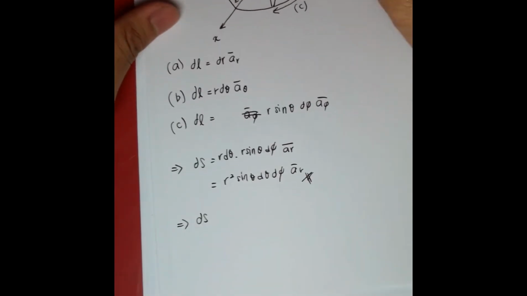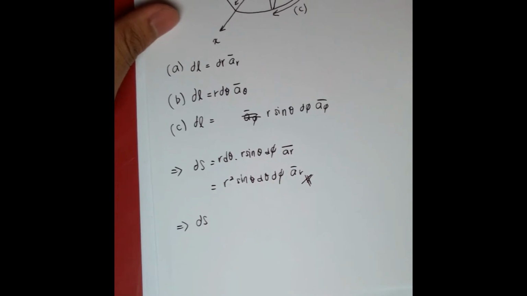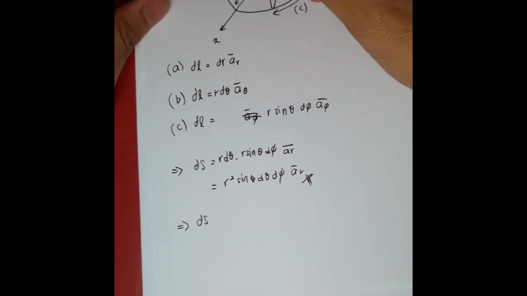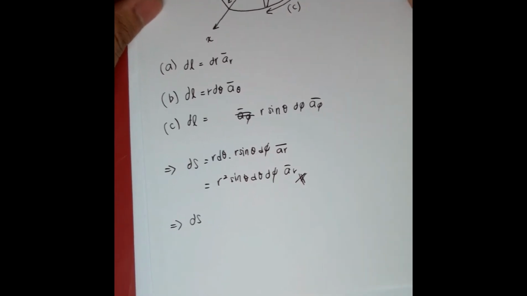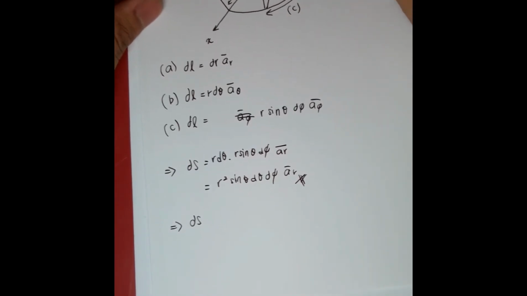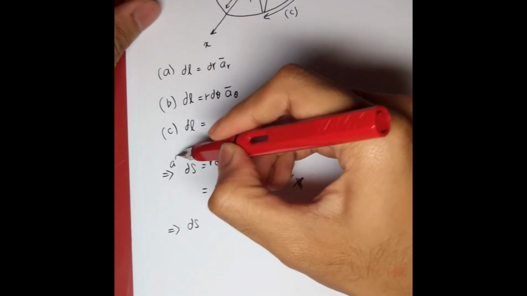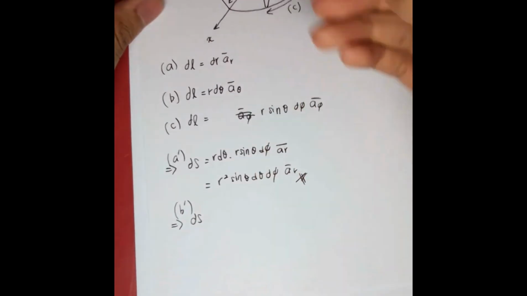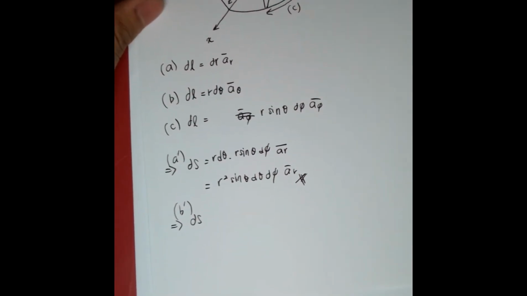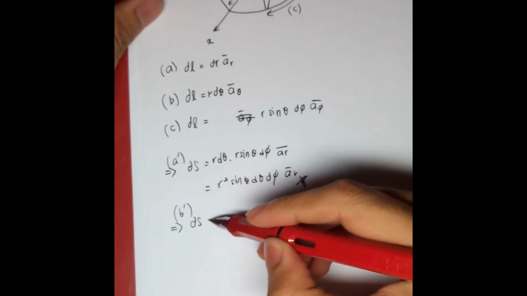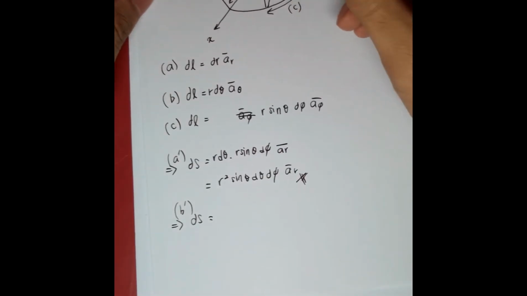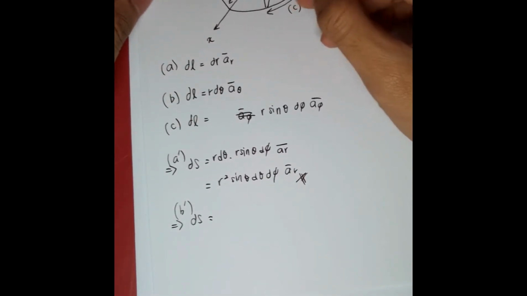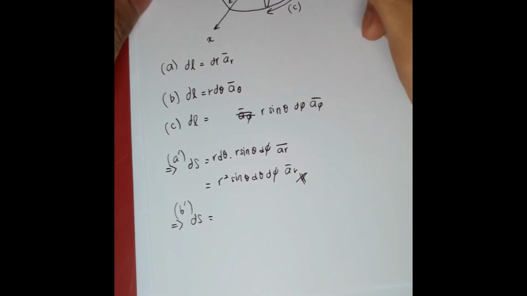Now for the differential surface of this side, this is a theta, b theta. And for b theta, we can see that the direction of the surface is pointing with the azimuth angle.